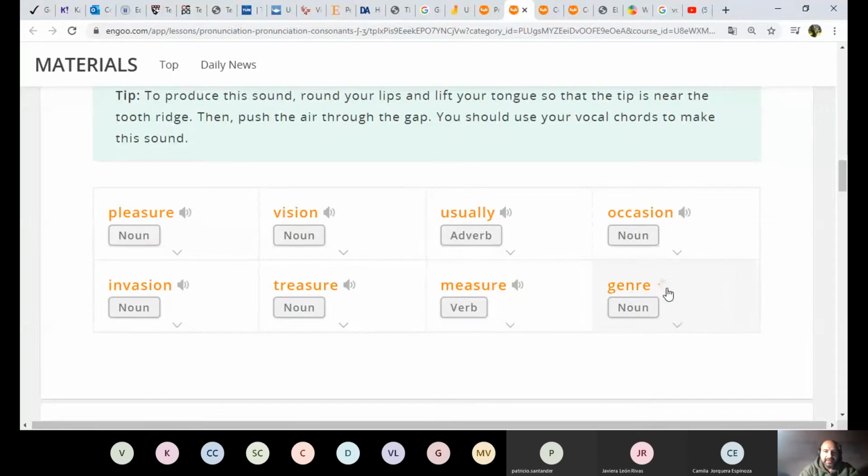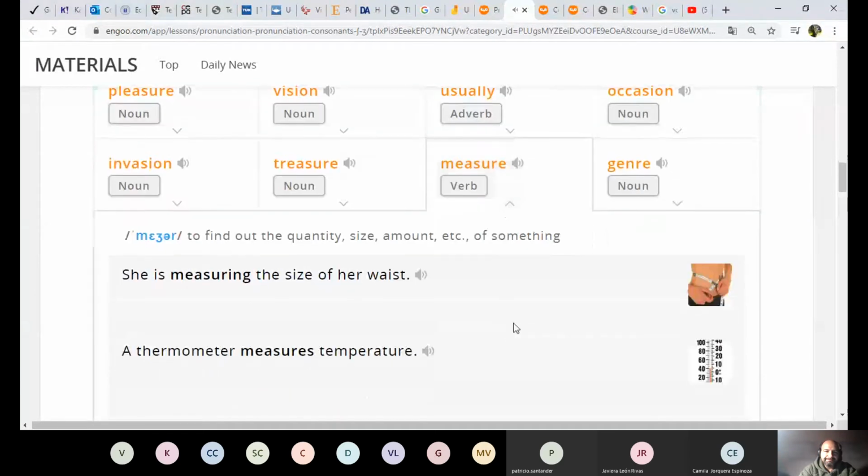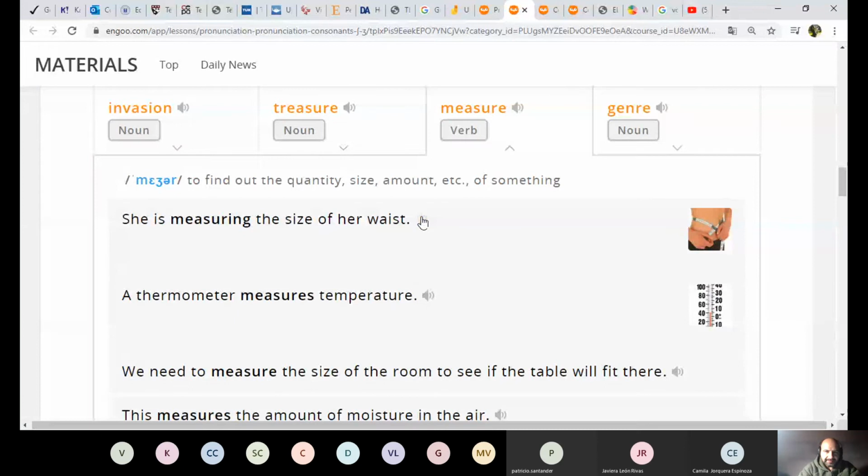Genre, occasion. So the idea is for you to listen. She is measuring the size of her waist.